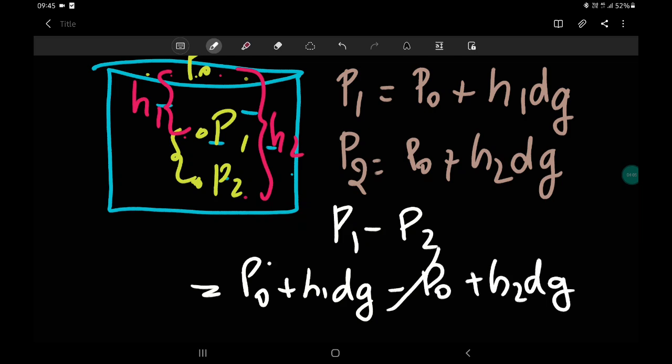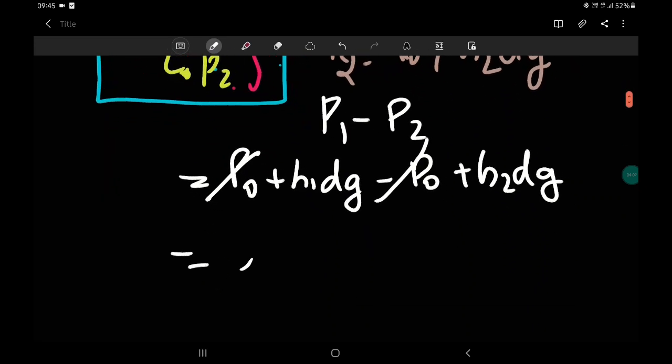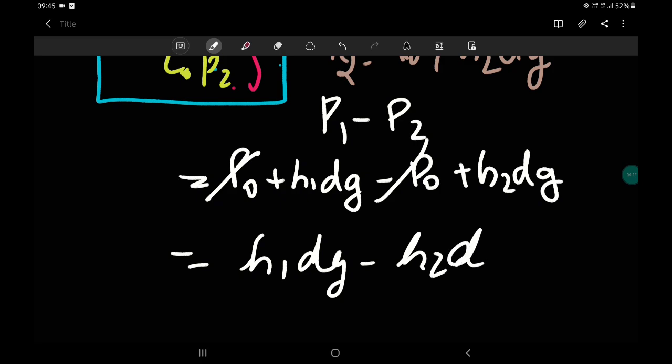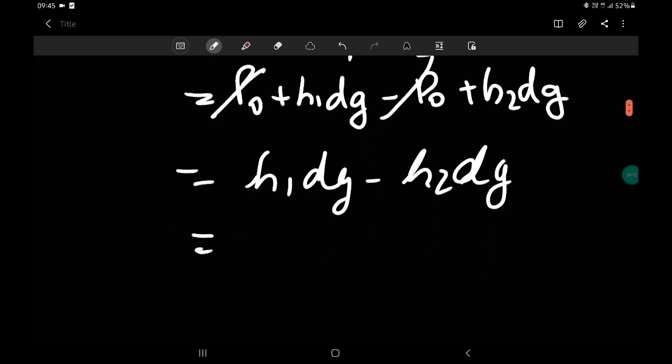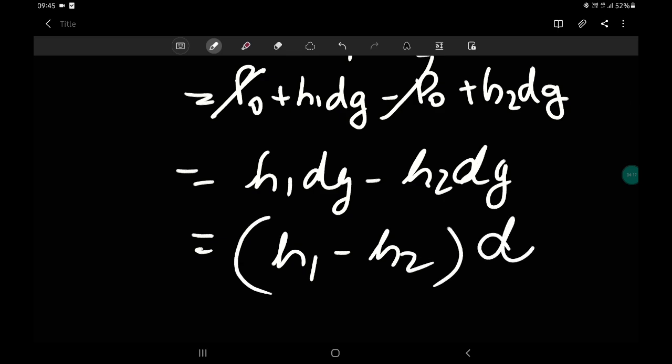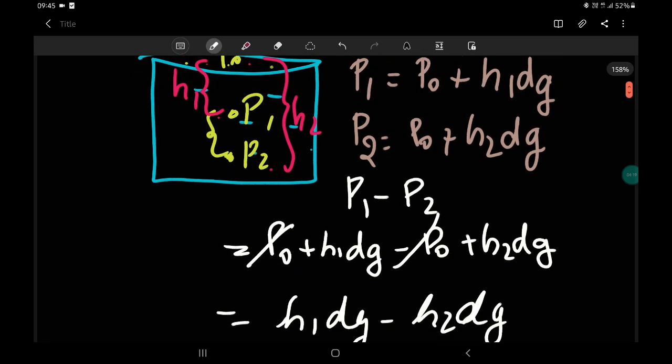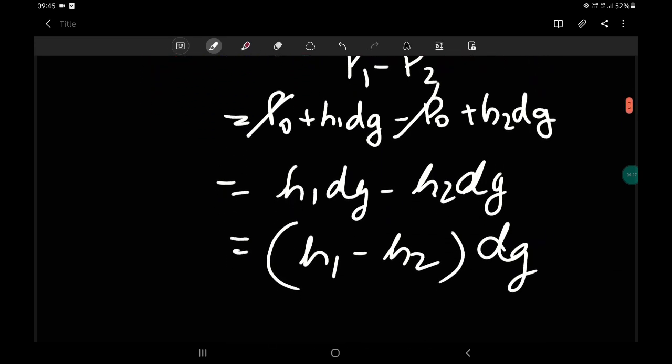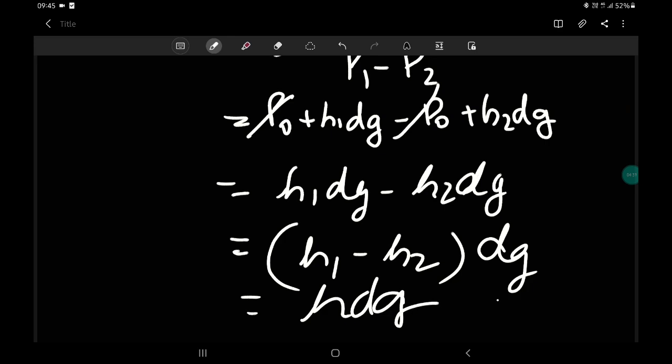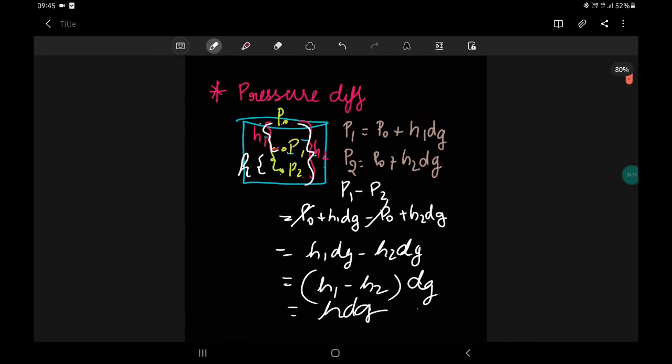So P naught gets cancelled. It is H1 dg minus H2 dg. Can I write this as H1 minus H2 with dg taken common? Now H1 minus H2 is nothing but the difference between the points. Let us consider that height to be H. So that is hdg, which is the difference of pressure between those 2 points.